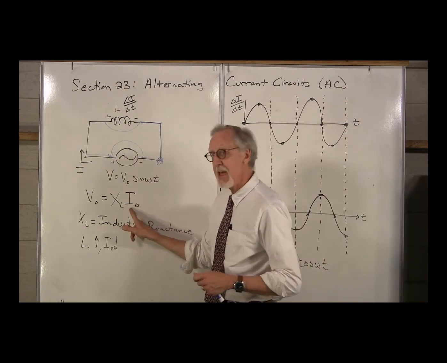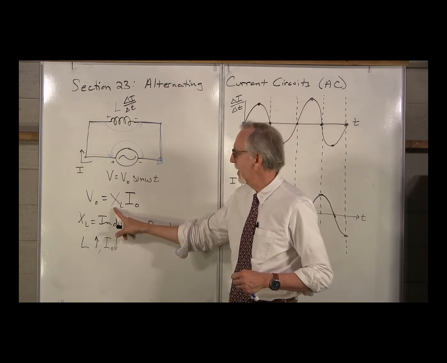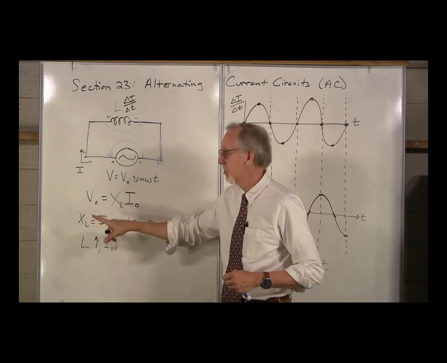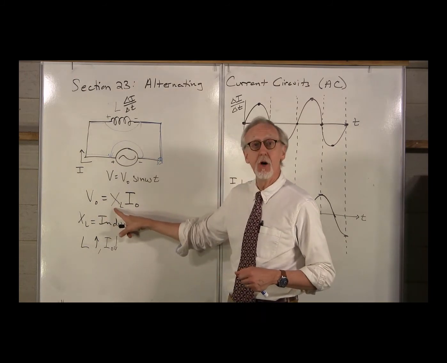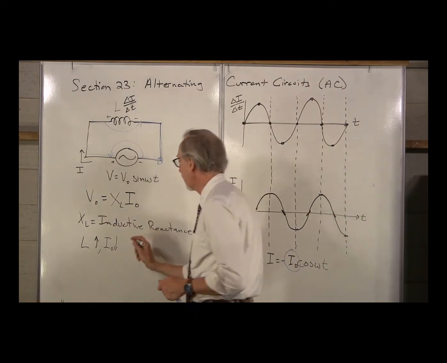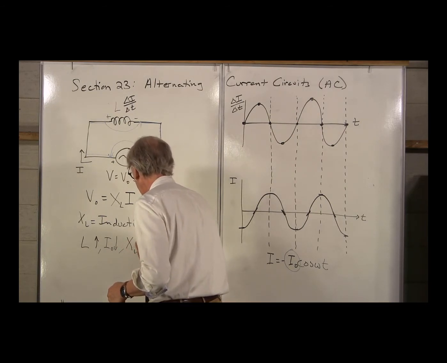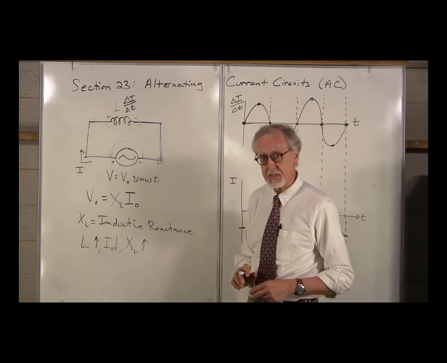If the current amplitude goes down, what must happen to the inductive reactance if this product is going to be the same? Whatever, say 1 volt or whatever. If this goes down, that must go up. So the inductive reactance must go up. Very, very interesting.